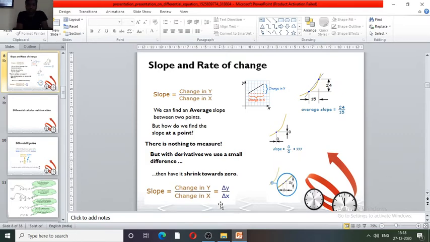Basically, if we observe the coordinate system, that is x and y coordinates, for one variable, that is the ordinary differential equation, we just consider the Cartesian coordinate system. In the Cartesian coordinate system, slope is nothing but change in y with respect to change in x.